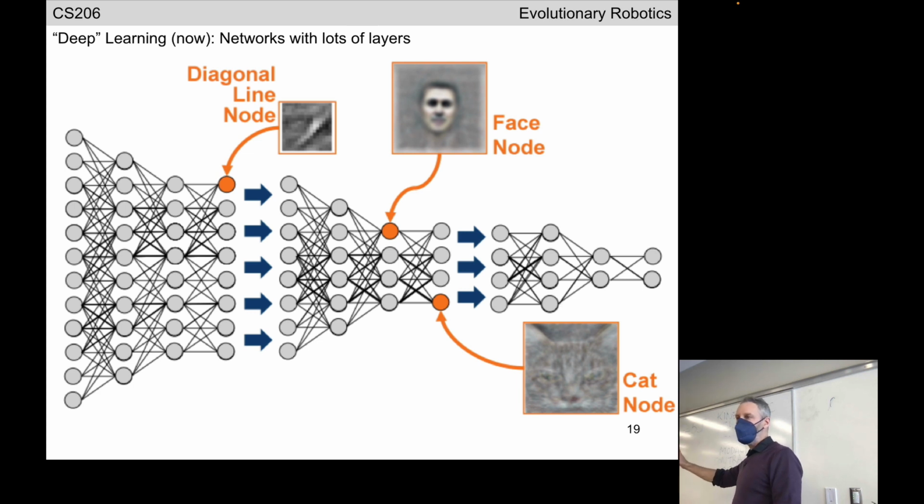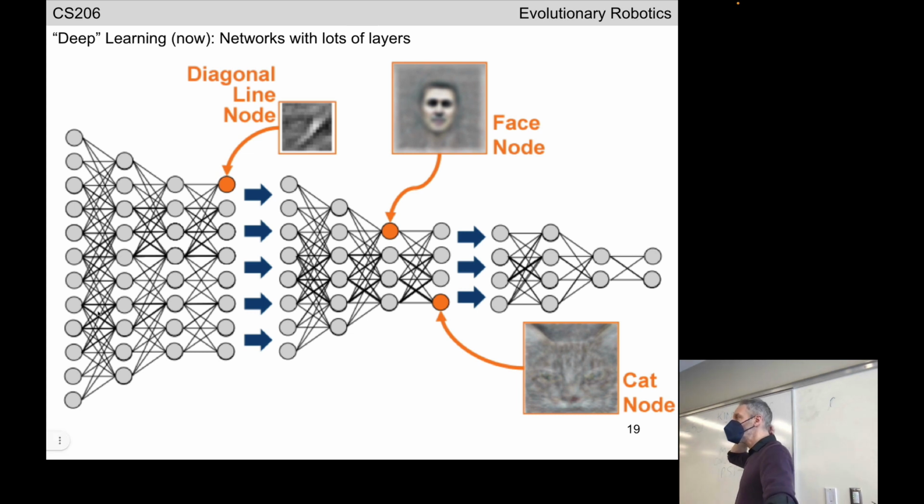Interesting in and of its own right, even more interesting because it looks like a lot of your brain is organized in the same way. If I were to put a probe into your brain at various places between your eye and the back of the brain, which is where you process images from your eyes, you would see something very similar. Neurons close to your eye are sensitive to local features, short diagonals, short verticals, short horizontals.